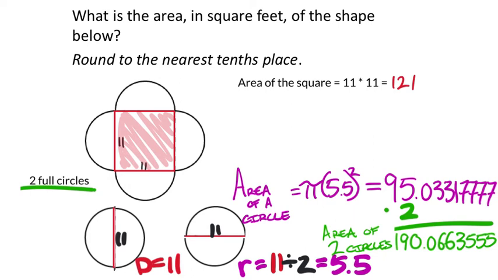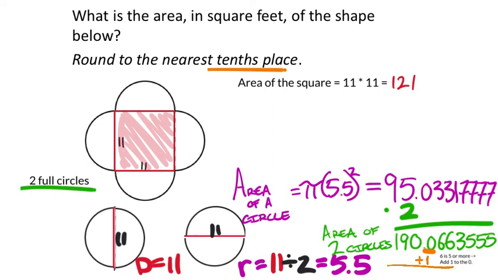Okay, but I'm going to round this to the nearest 10th place. Okay, so I got the 0 in the 10th place. The 6 just immediately to its right is 5 or more. So this means I need to add 1 to the 0 in the 10th place value, which is what I will now do.